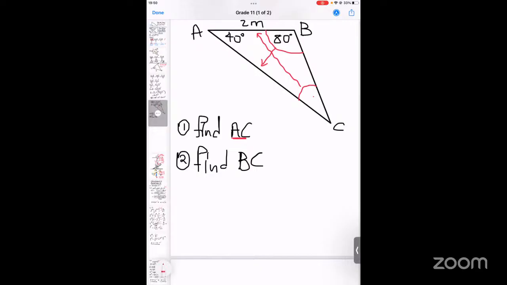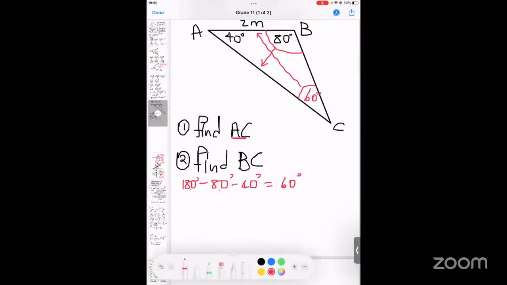For you to know that angle, you say 180 degrees minus that 80, minus the 40, and you remain with 60 degrees. So this will be 60 degrees.